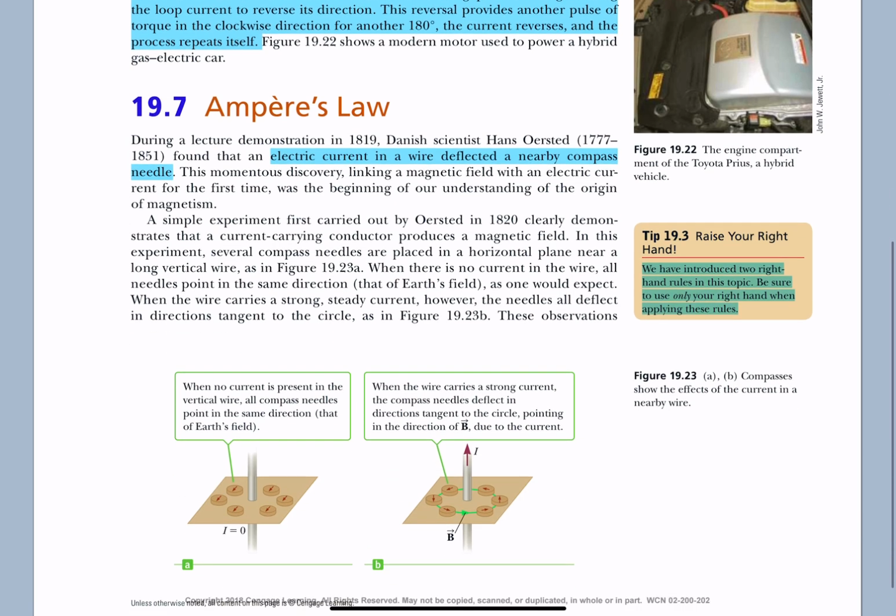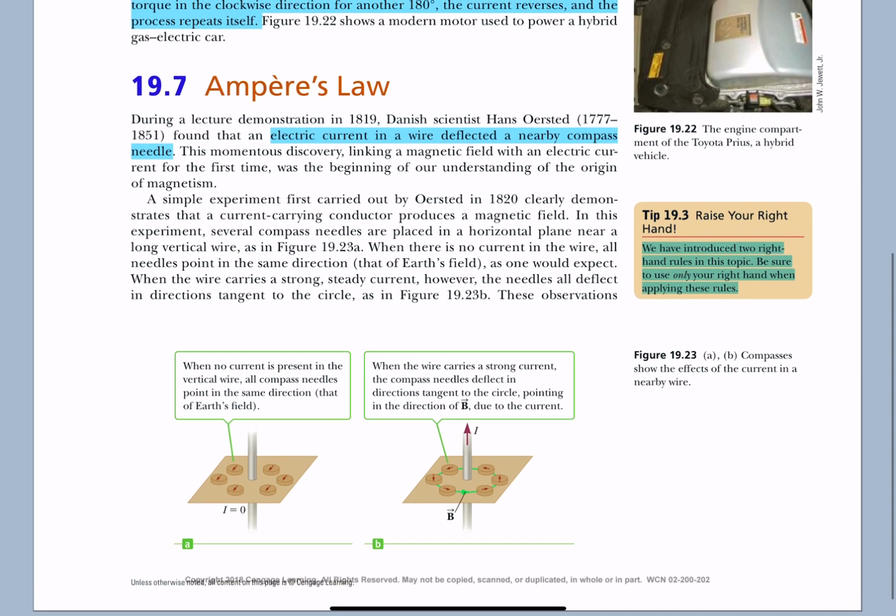And we're going to be getting another right-hand rule at the bottom of page 19.7. And in this right-hand rule, imagine that we have a wire coming up through a platform. Could be a piece of paper, thin piece of cardboard that the wire has punctured.